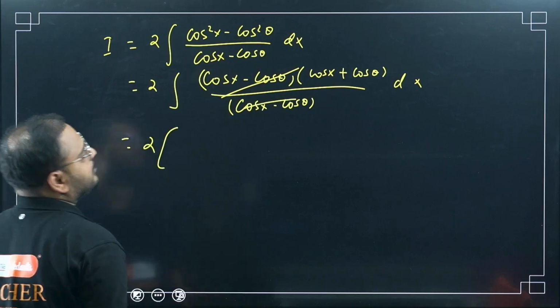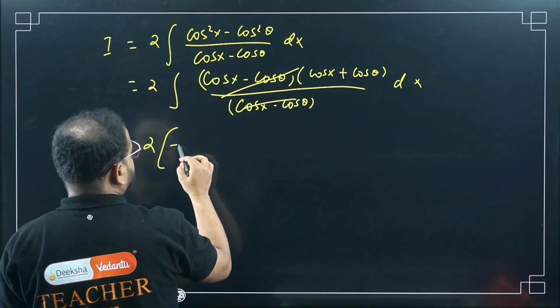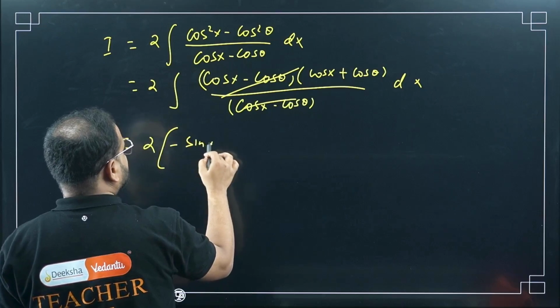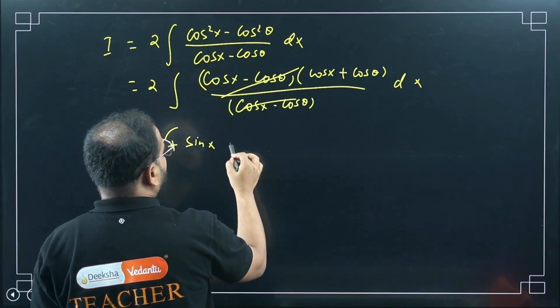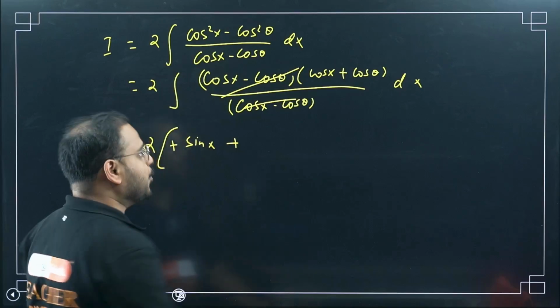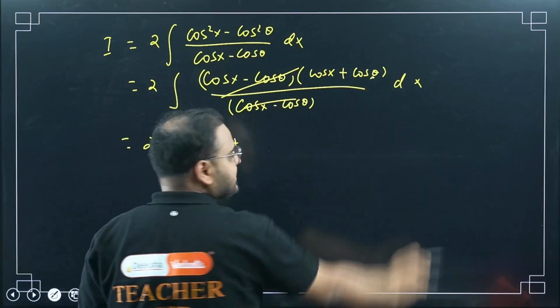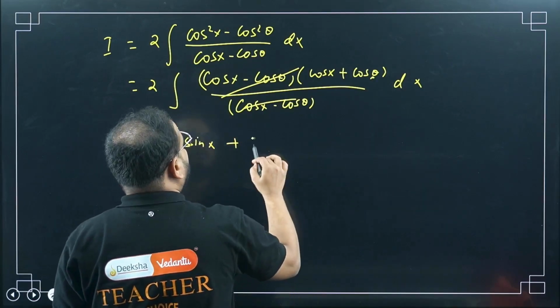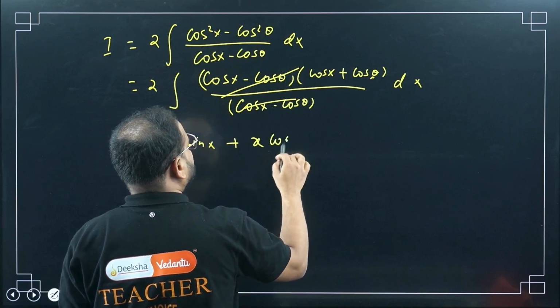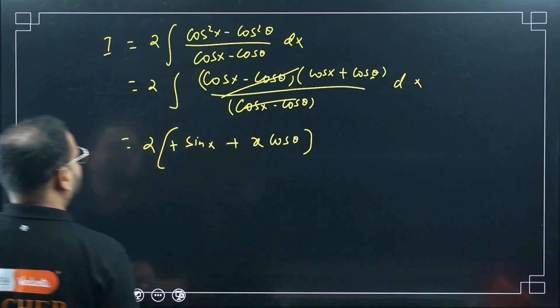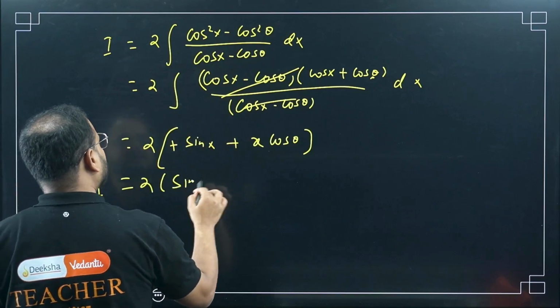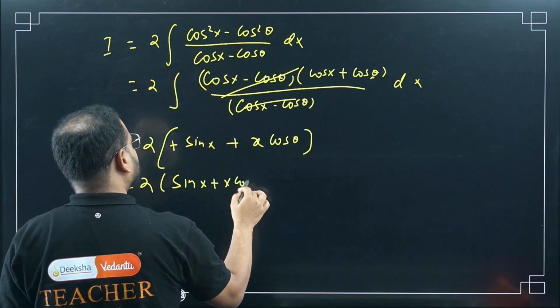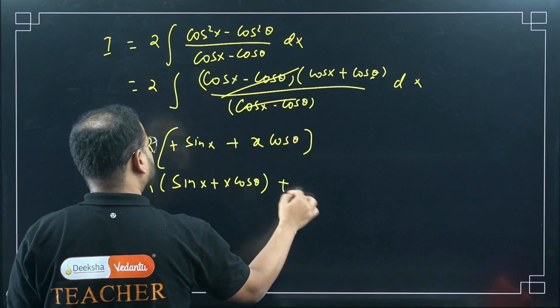Integration of cos x will be simply sin x, plus, this is a constant with dx here, so it will be x cos theta. What's my answer? My answer is I equals 2 times sin x plus x cos theta, plus c.